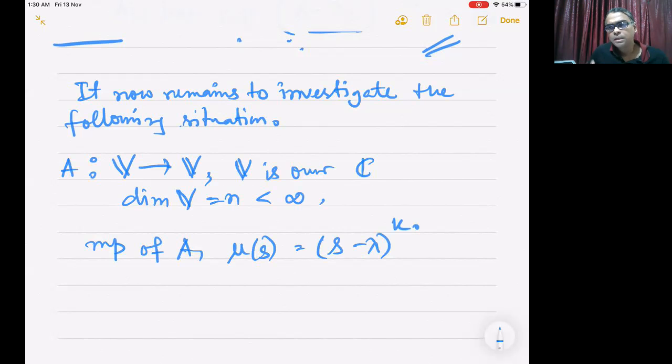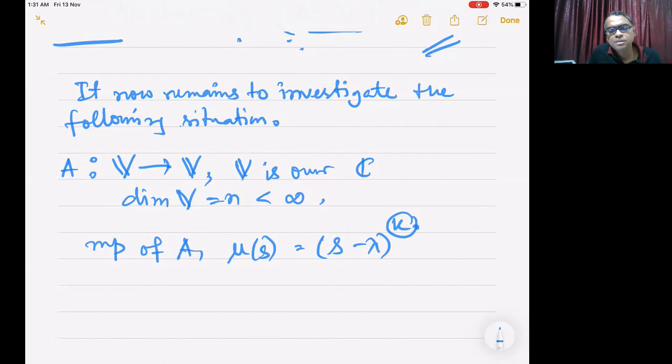So each block is of this kind, isn't it? Right, each block is of this kind. So this number k, of course, is some number. We'll see what is the meaning of this. Now the question is, in this situation, can we have, in some sense, some nice representation of A?